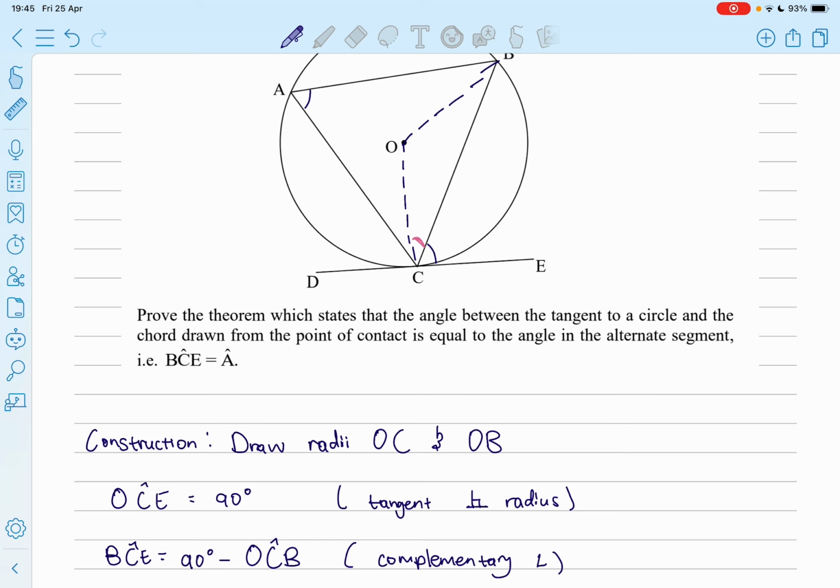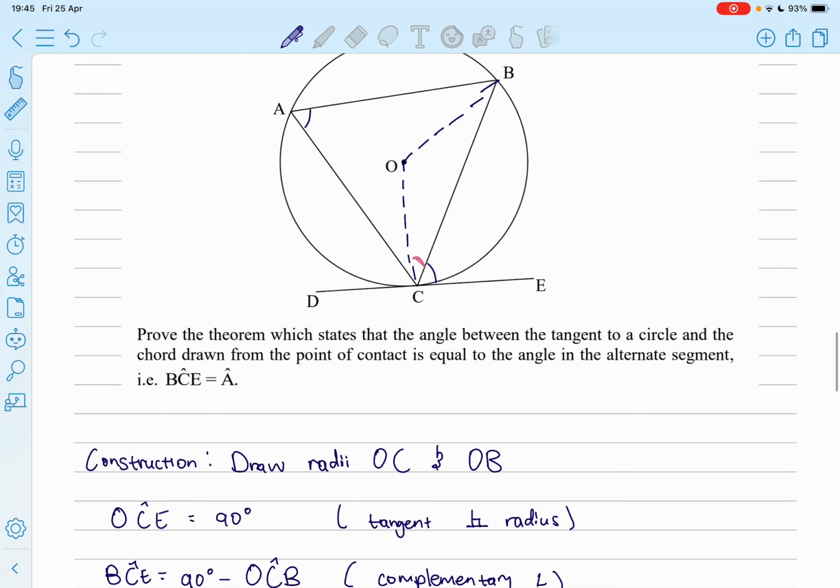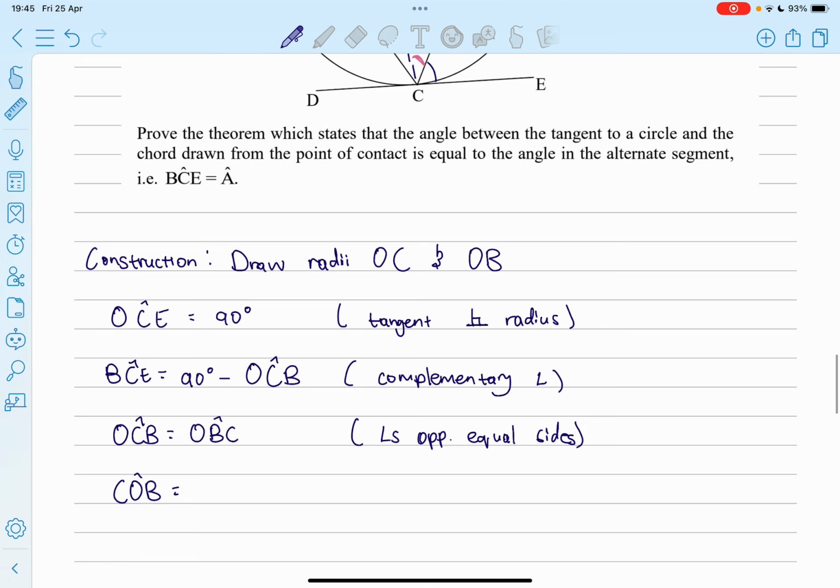So because we have an isosceles triangle, to get that angle at O, so we can call that COB, it will be equal to 180 degrees minus twice the size of OCB.